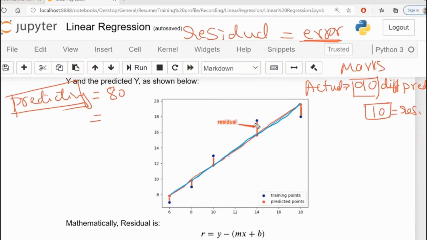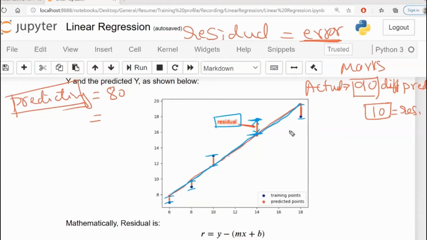So this is my actual number, and the difference between this point and the line is a residual. Here we have a residual, here we have a residual, and here we have a residual. We have highlighted only a few points here.